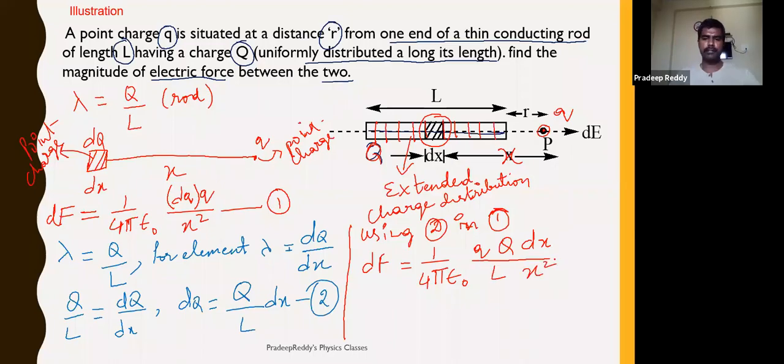Right? Now this is dF, a very small force acting on small q charge, the force between a very small element and the point charge. But you want to find out the electric force between the rod and the point charge. Therefore, I will be integrating this total.